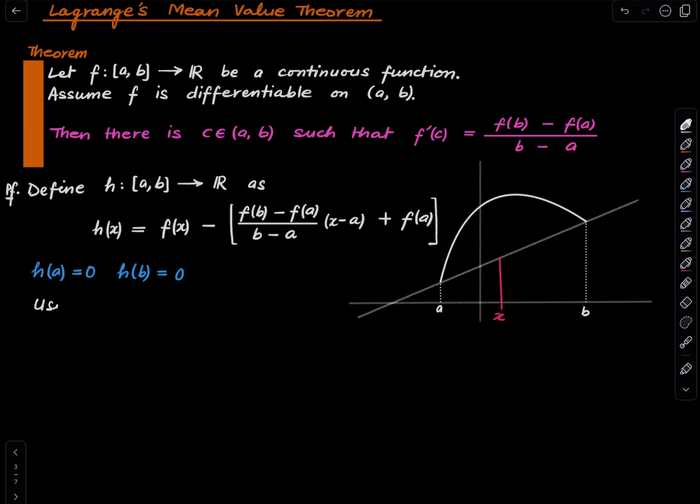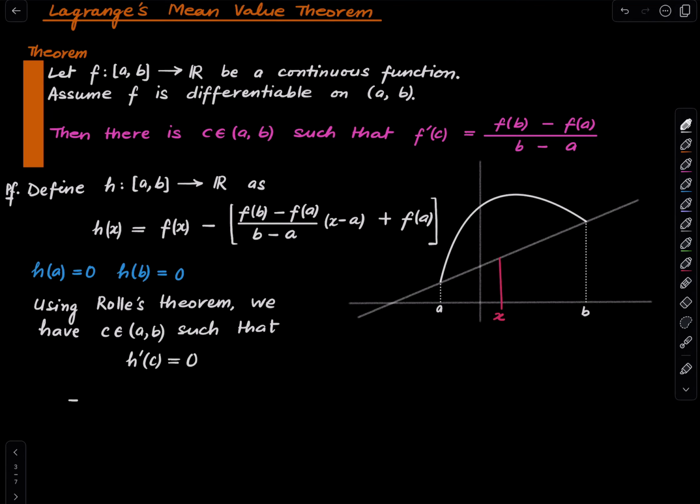Using Rolle's theorem, we have a c in a comma b such that h prime c is 0, which implies f prime c minus... because what is the derivative of h? It is the derivative of f minus this ratio. The derivative of this is 1, the derivative of that is 0. So that's it. That proves the existence of that c.